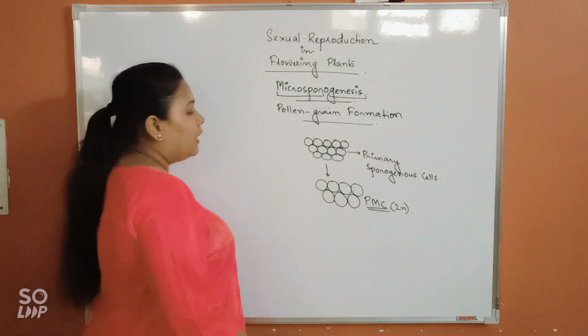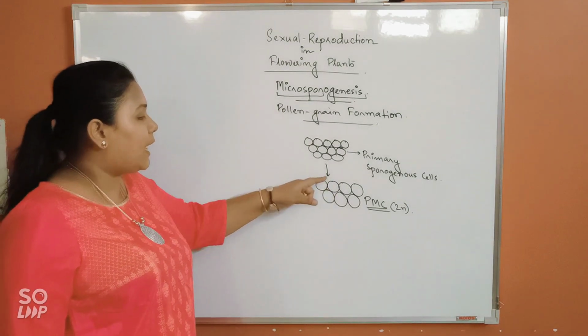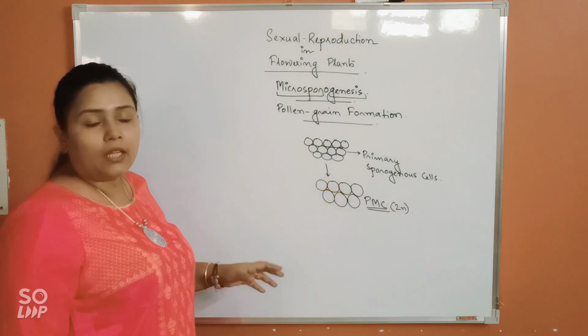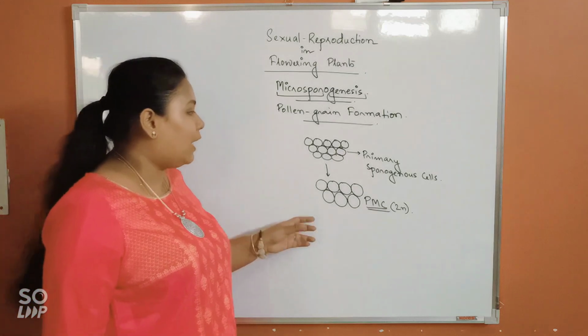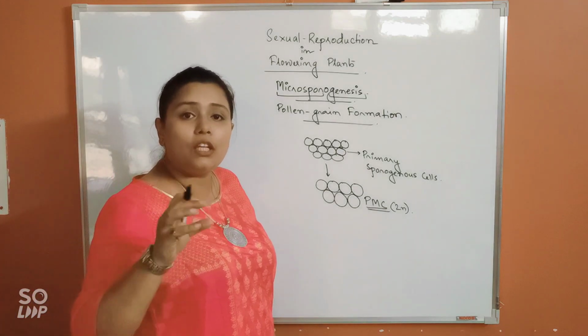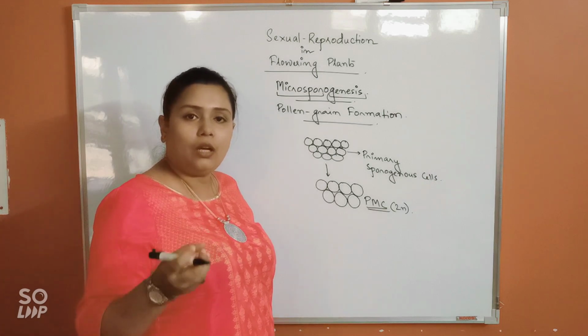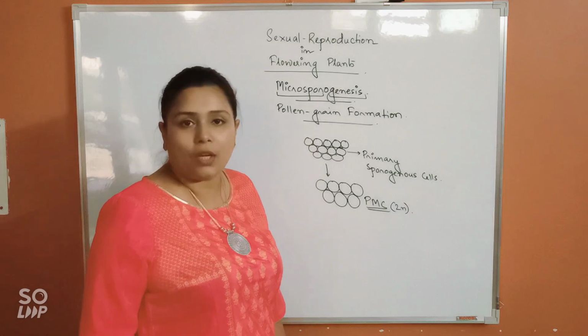The pollen mother cells will secrete a callose layer surrounding each of them. Callose is nothing but beta-1,3-glucan. Due to the callose layer, each cell will now behave as a single, individual unit. And now, after they become individual units, they can finally undergo meiosis.